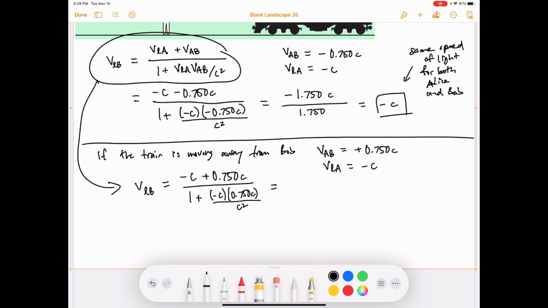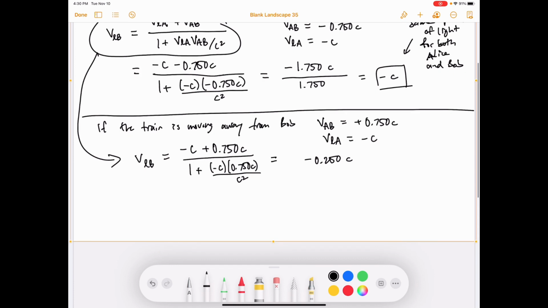Okay, so on top, we have negative 1 plus 0.75, which works out to negative 0.25 times c. On the bottom, we have 1 minus 0.75, which is 0.25.